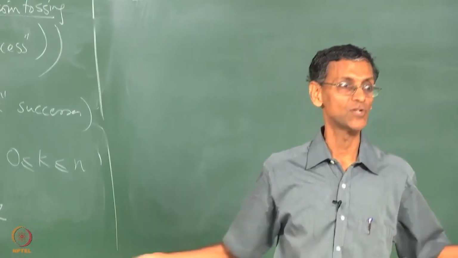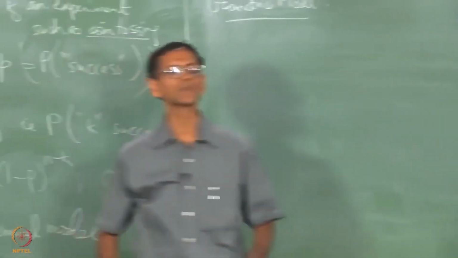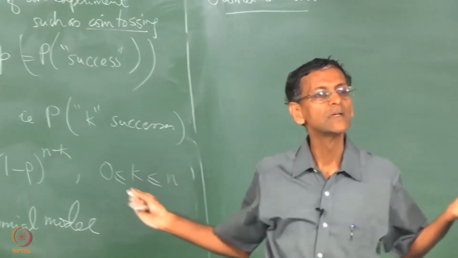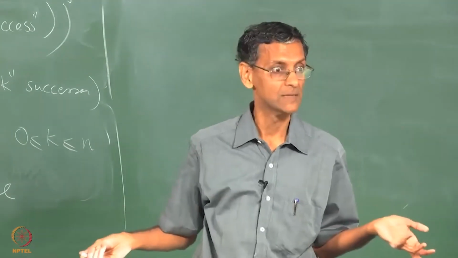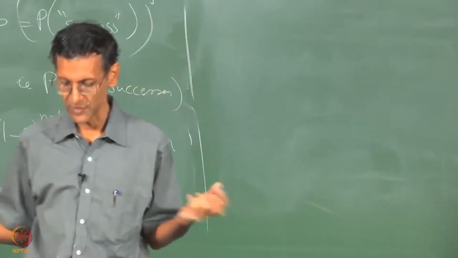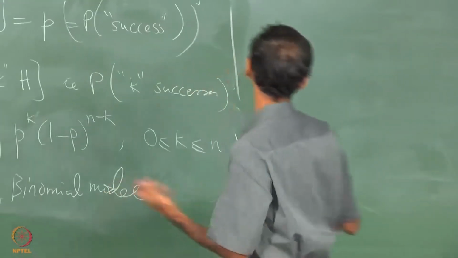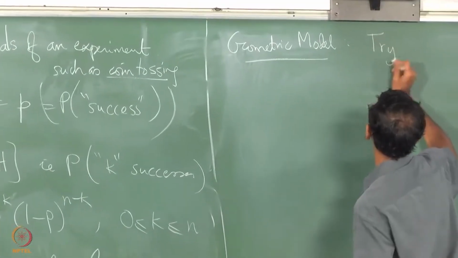Try till you succeed. Instead of fixing the total number of trials, we are going to keep repeating till we succeed, and then count the total number of trials. So, when is the first success or first head going to happen?